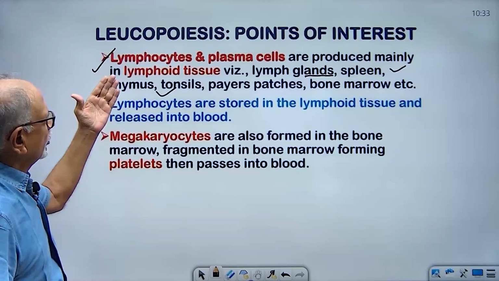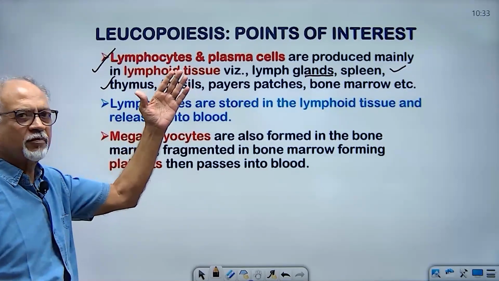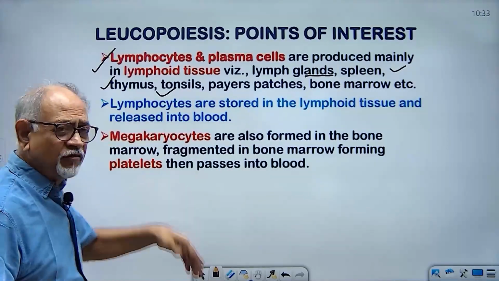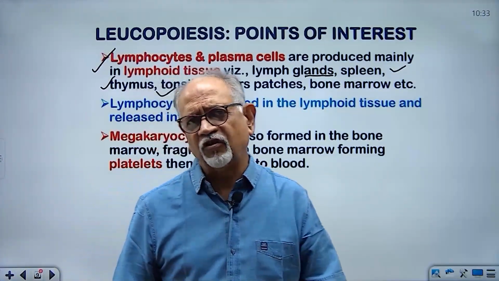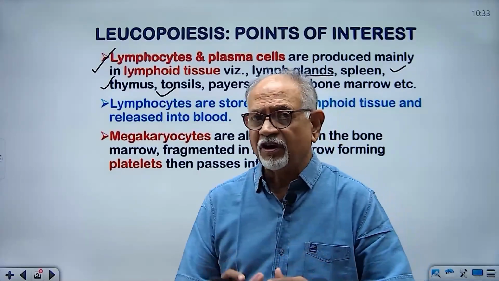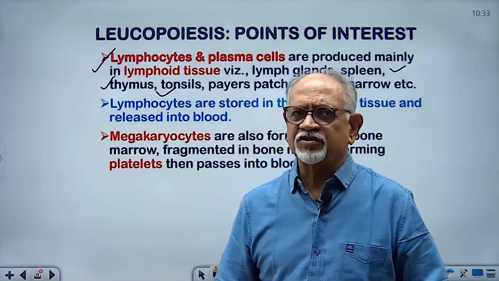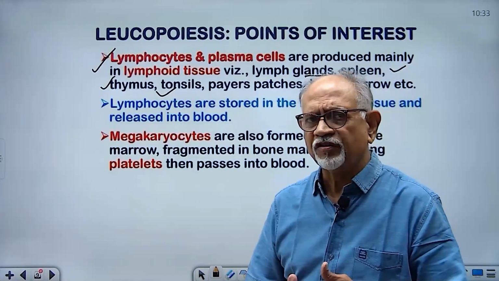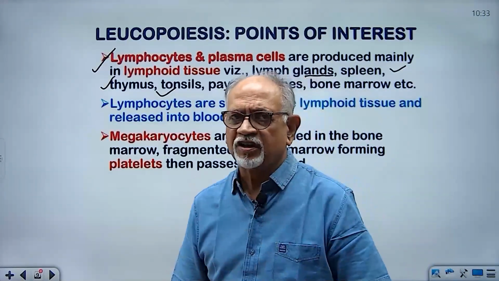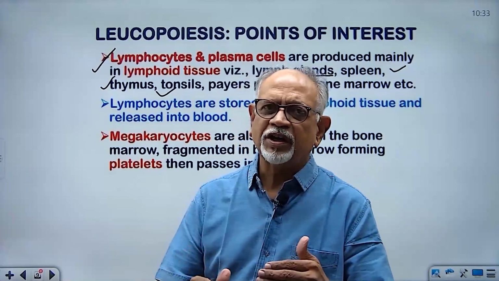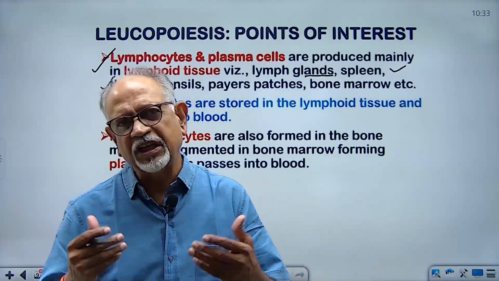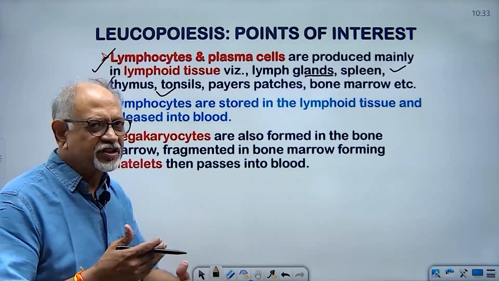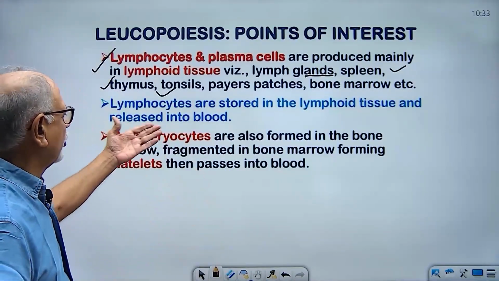All these lymphocytes and plasma cells are produced in these lymphoid organs, and these lymphoid organs store these lymphocytes. Whenever there is an infection, these lymphocytes are released from the lymphoid organs to the site of infection, where they provide defense against the invading organism, and then they sometimes return to the lymphoid organs.